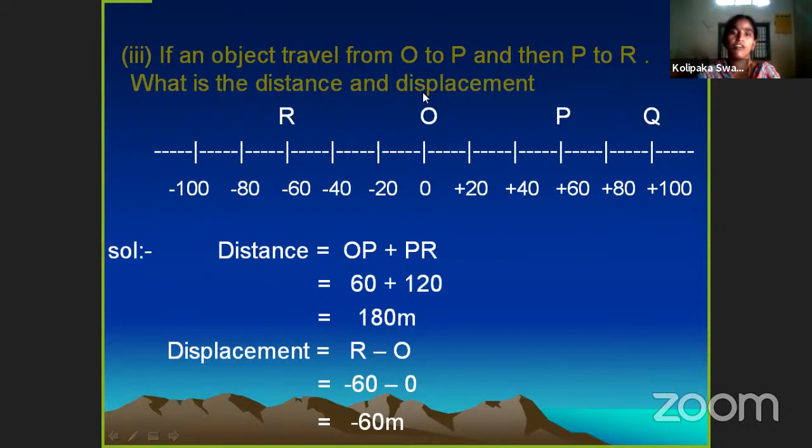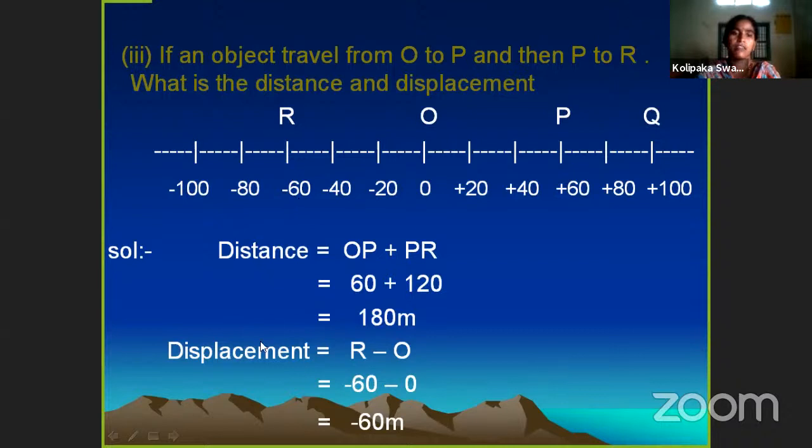Next, displacement. Displacement means final point minus initial point. The point where the object starts its traveling we call the initial point, the starting point. Starting point is O. And the point where the object comes to is the final point, that is R. Final point R minus initial point O. R is a negative value, minus 60.